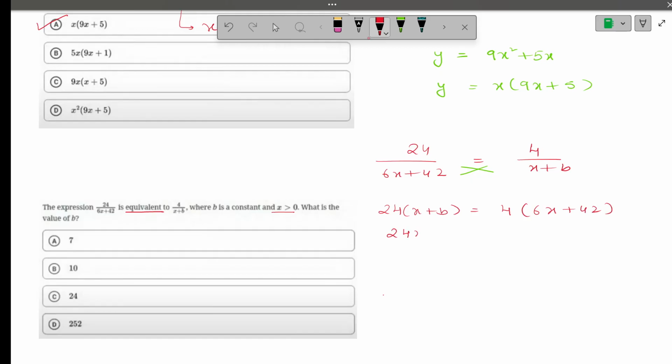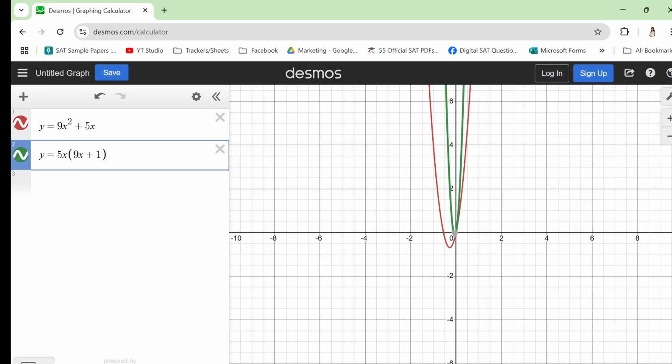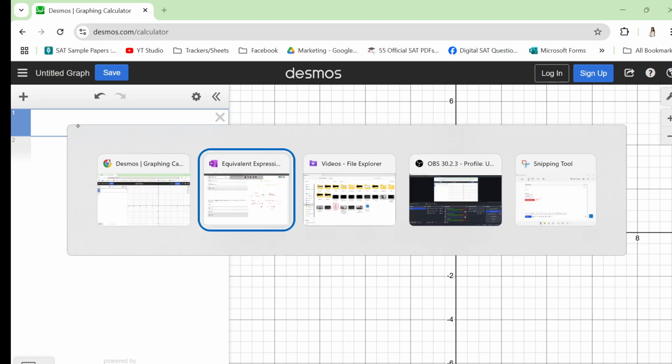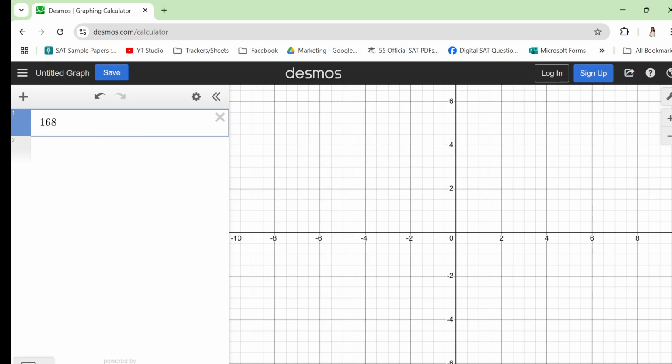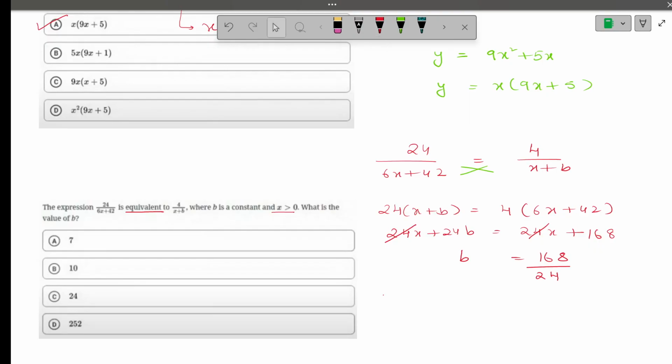This is 24x plus 24b is equal to 24x plus 168. 24x and 24x get cancelled, and your b will be equal to 168 divided by 24, which you can calculate on DESMOS. So 168 divided by 24, that is 7. So the value of b is equal to 7. So answer choice A is correct.